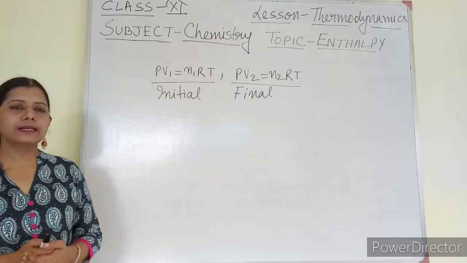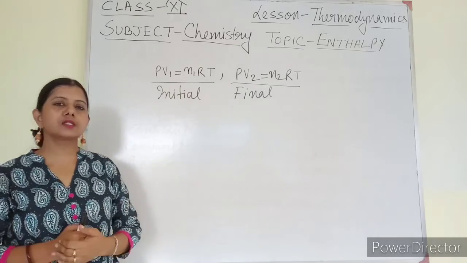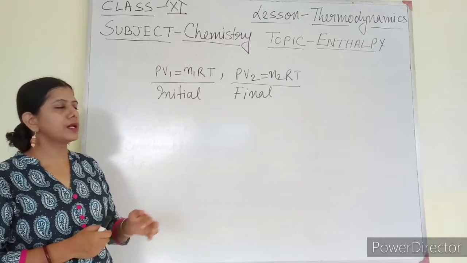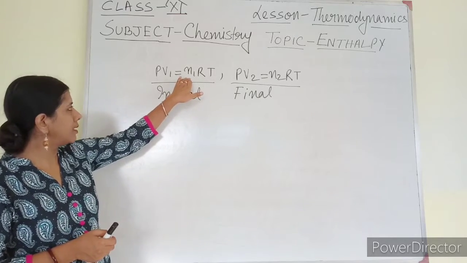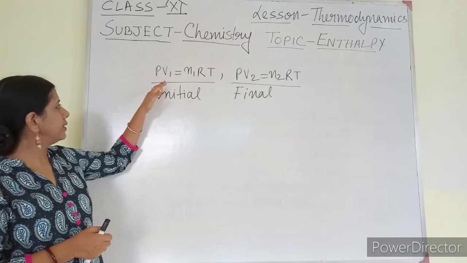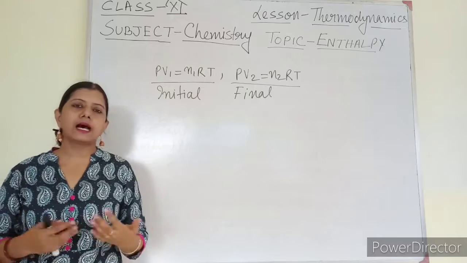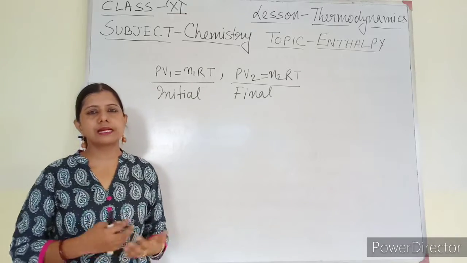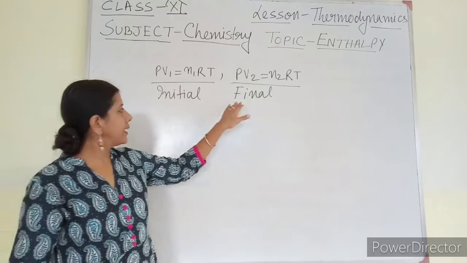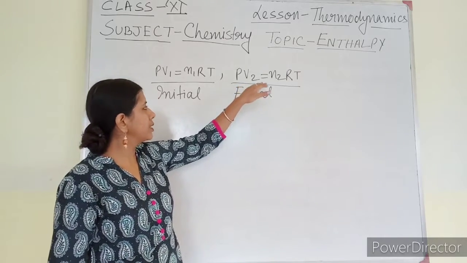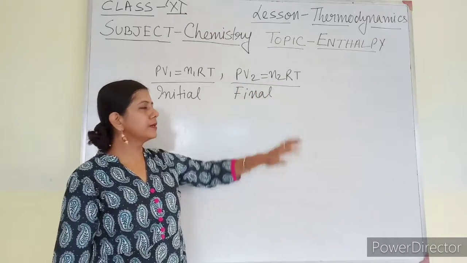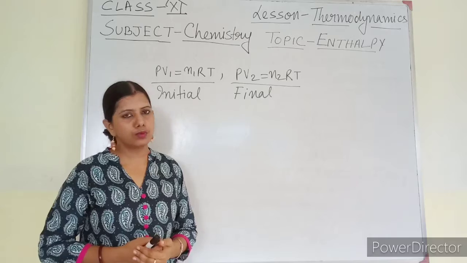The ideal gas equation is PV equal to nRT. In the initial condition, the number of moles was N1 and volume was V1, so PV1 equal to N1RT, where R is the gas constant and P is constant. Similarly, in the final condition PV2 equal to N2RT, where V2 is the final volume and N2 is the final number of moles.